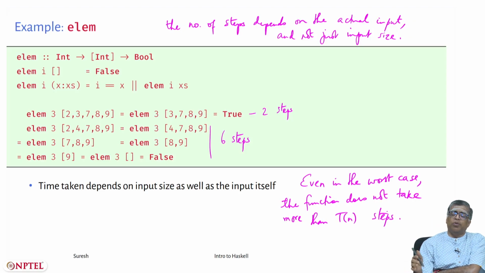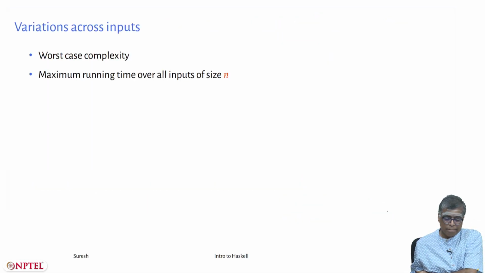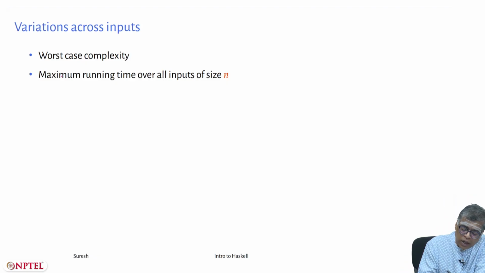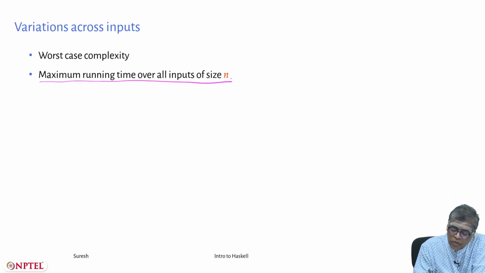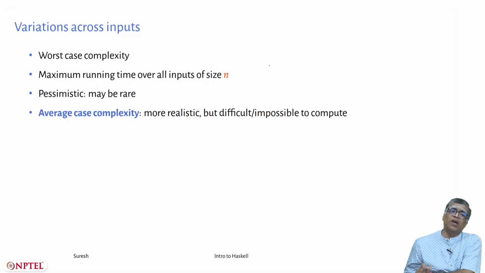This is what you want Tn to mean, and therefore what you do is you take what is called the worst case complexity, which is the maximum running time over all inputs of size n. This is T of n. Okay, this is the most important decision that you take. This is a pessimistic estimate, as we call it. It's a worst case complexity. The worst case might not always be hit, but it is a safe estimate.